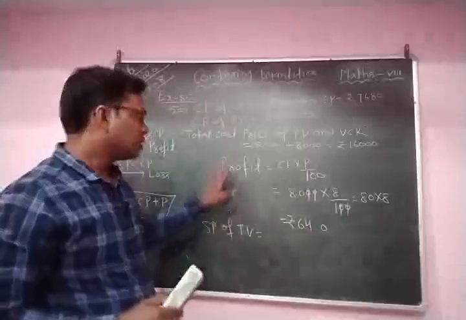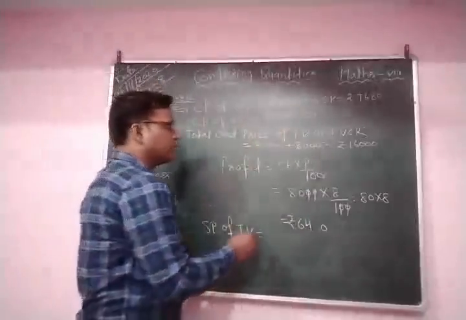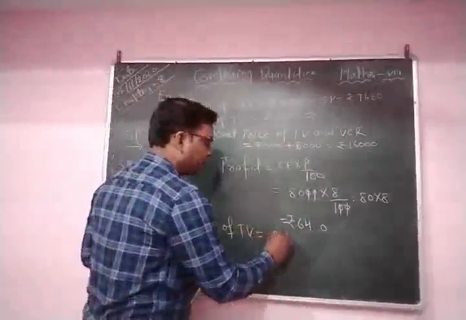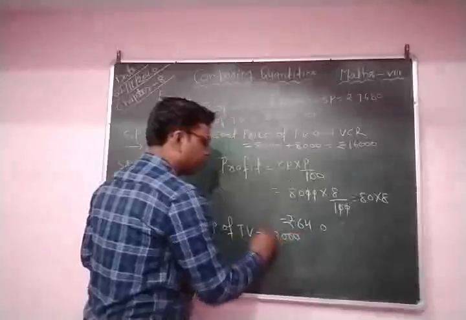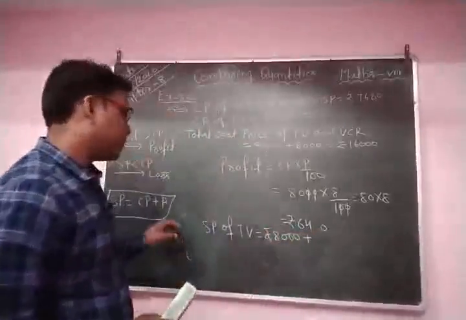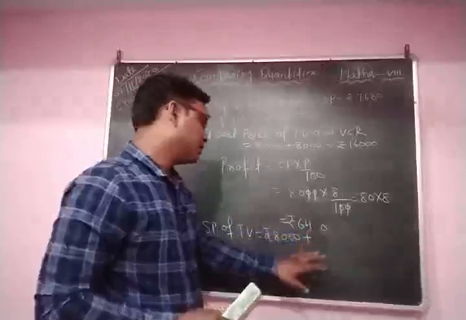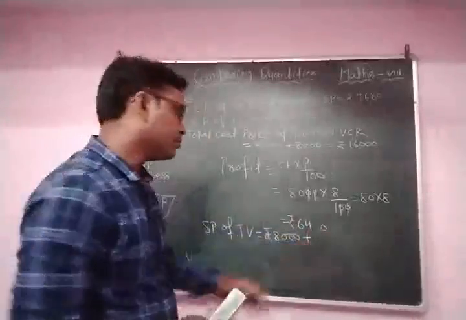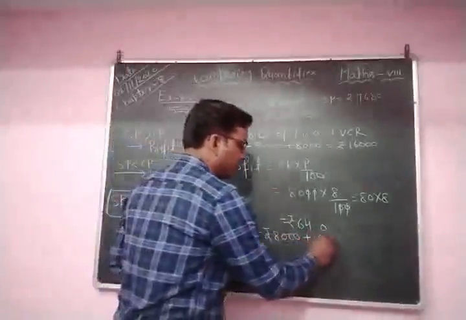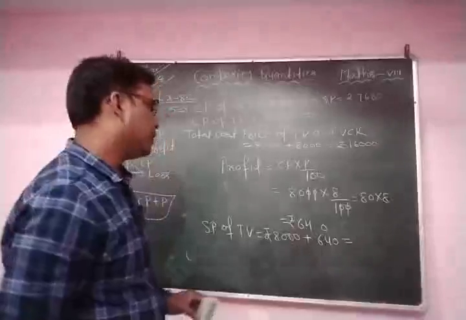So here see, the cost price of TV is 8,000 rupees. Clear? Plus the profit we found here. What is the profit? Profit is this, 640.